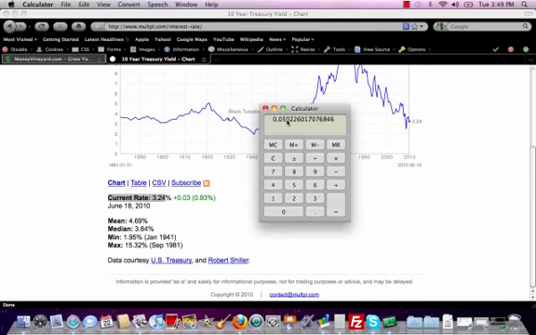They do obviously yield quite a bit more, but they don't really have that 2 times margin of safety. So right now, stocks are probably your better investment than bonds, but again, they don't have that 2 times number.